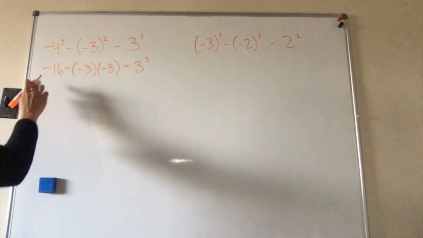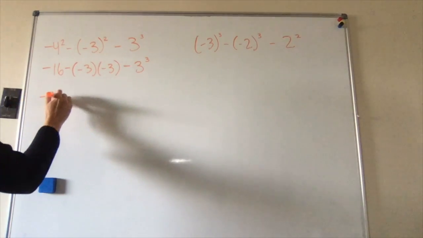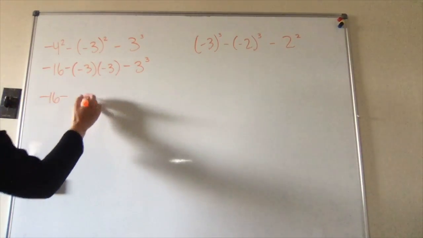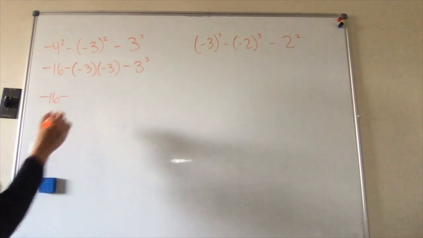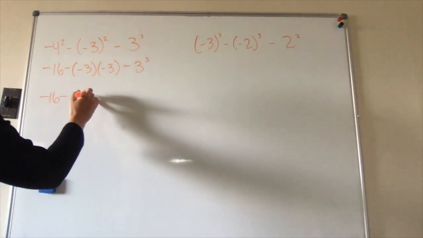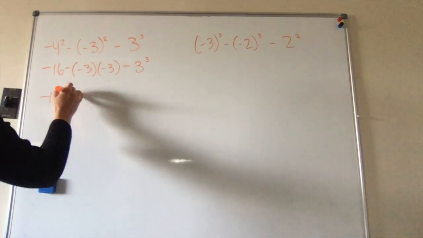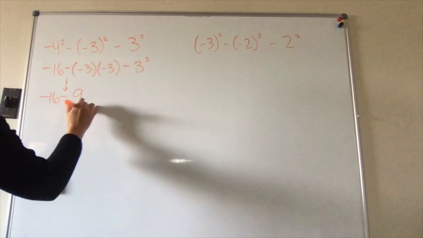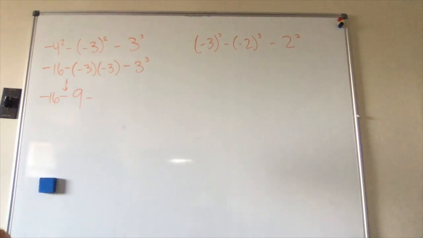So I have negative 16 minus, what's 3 times 3? 9. And a negative times a negative is a positive. So we bring that minus symbol down, minus 9, and then minus 3 cubed.